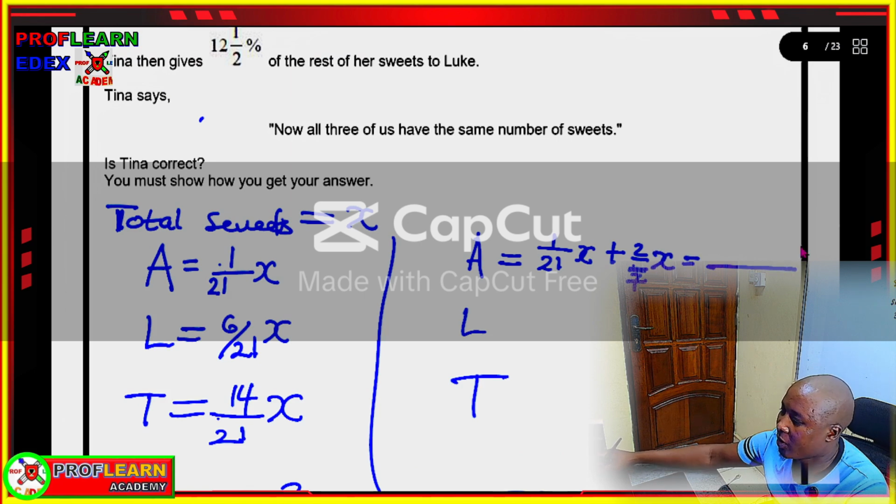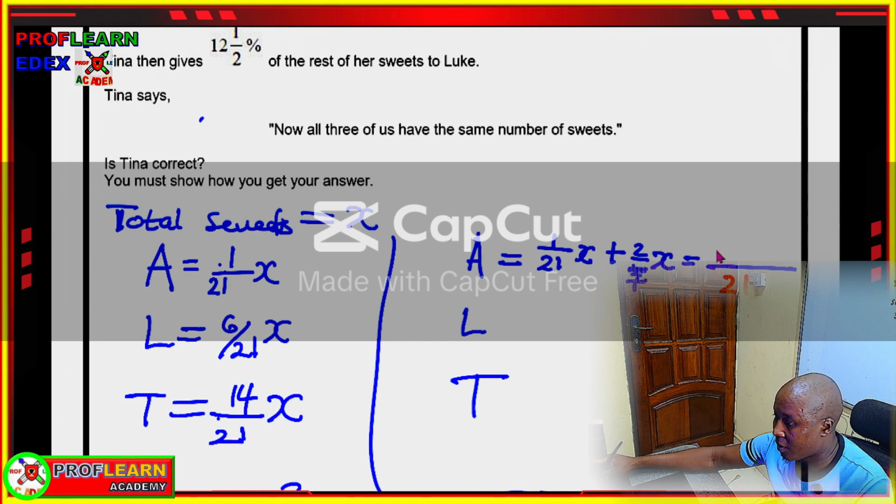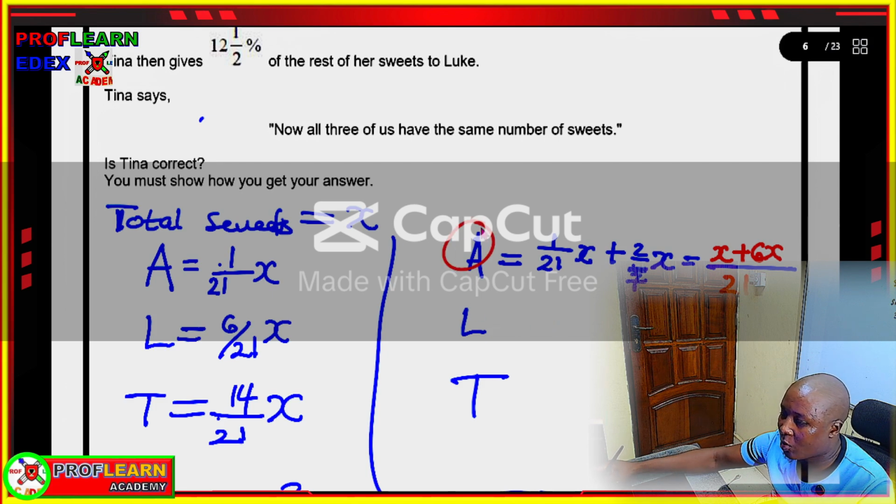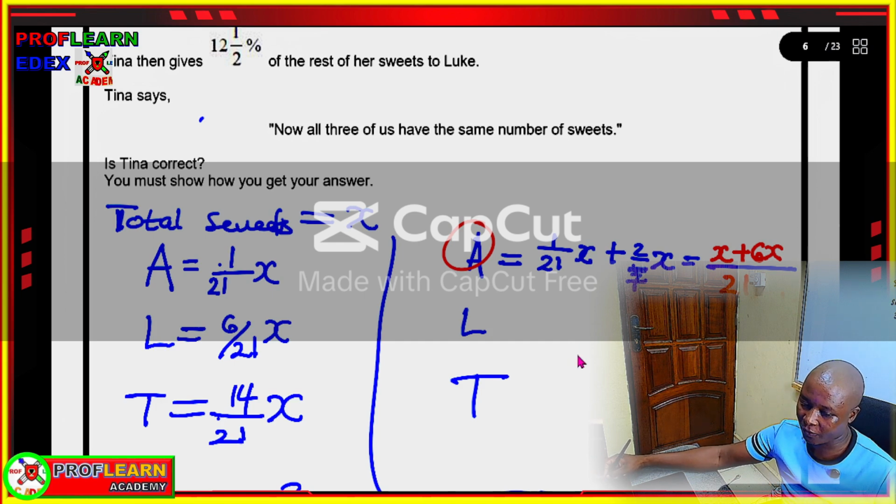What is the total number of sweets? This will be 21 over 21 x. Three times 2 gives 6, that will be 6x. So Hadi is going to have a total of 7/21 of x, and this can simplify to 1/3 of x. That's what Hadi will have.